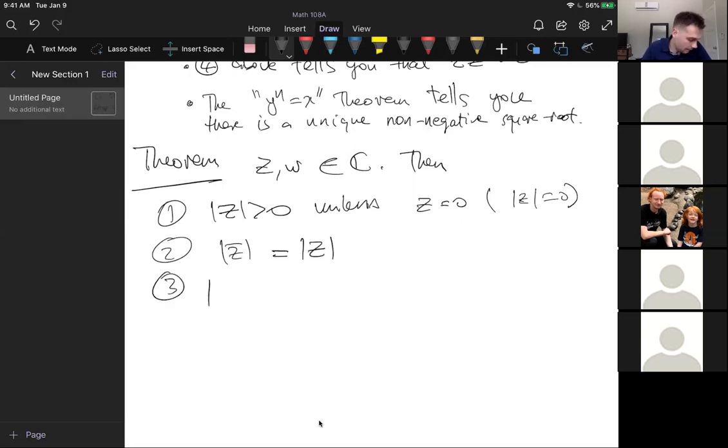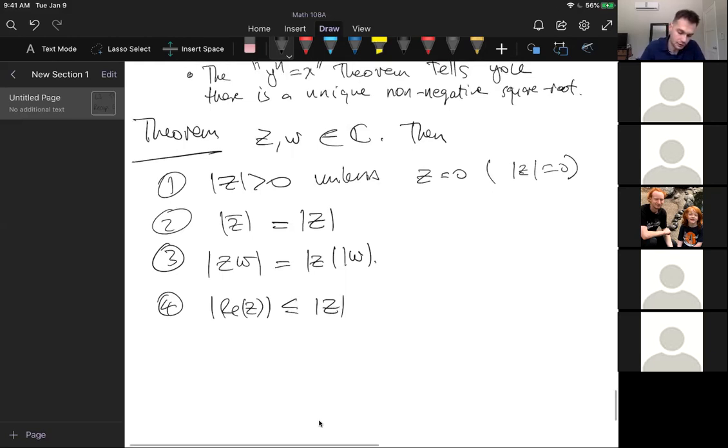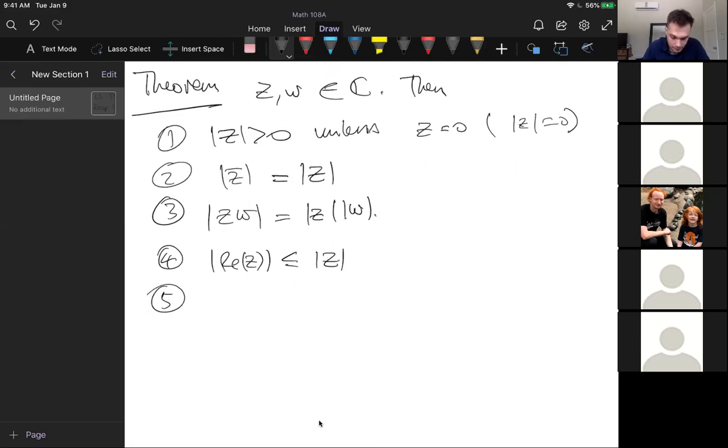Three, the norm of a product is the product of the norms. Four, the absolute value of just the real part is less than or equal to the norm of the complex number. And the last property, which is one of the most important, is that the norm of a sum is less than or equal to the sum of the norms. This is the famous triangle inequality.